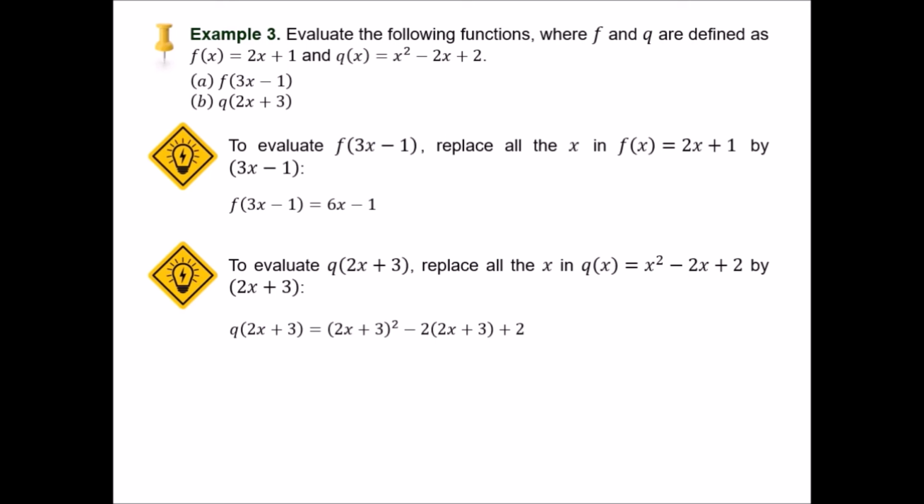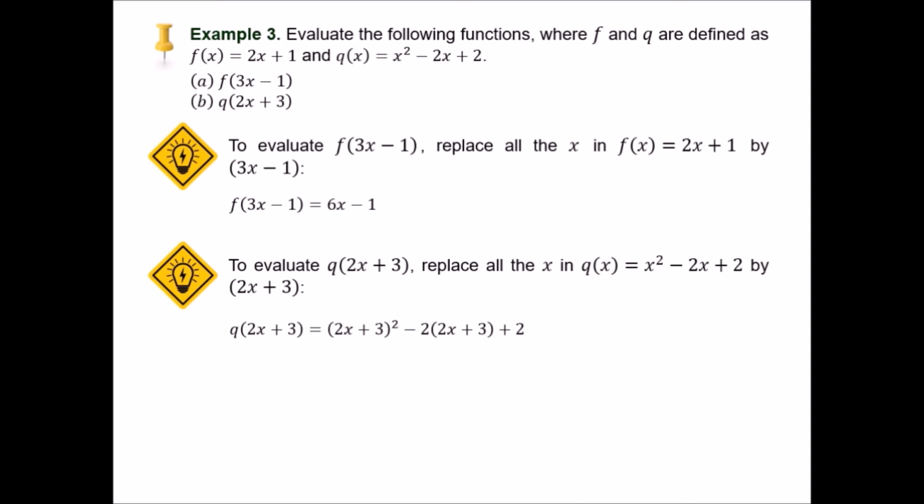For the square of the binomial, we square first 2x, that should give us 4x squared. We square 3, that should give us 9. As for the middle term, that would be 2 times 2x times 3. 2 times 2x gives us 4x. 4x times 3 gives us 12x.